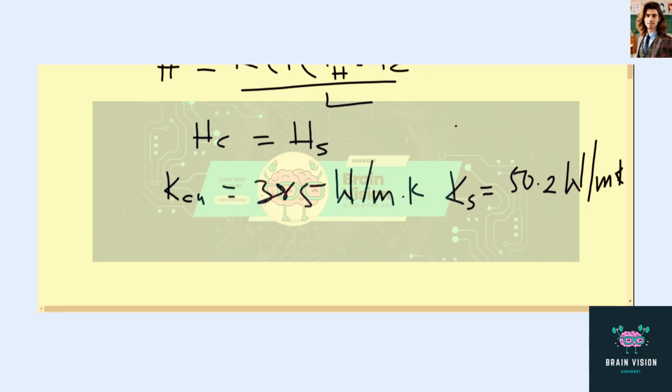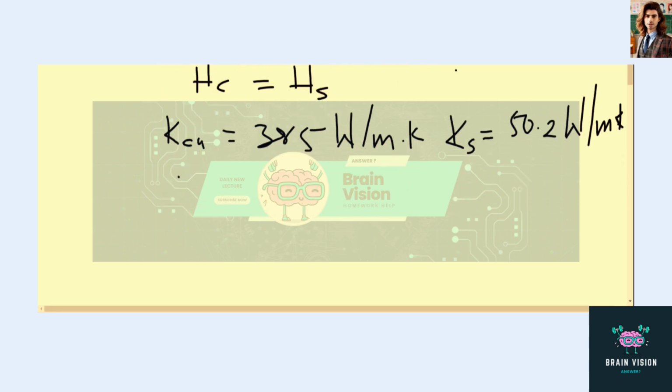Considering the heat current for copper, H subscript Cu is equal to the thermal conductivity, 385, times the area, which is 0.0004 meters squared. Don't forget the area is 4 centimeters squared, so converting to meters, this is what you get.